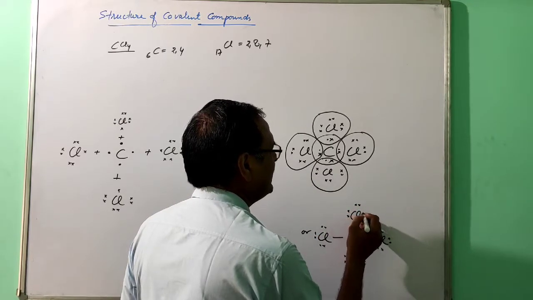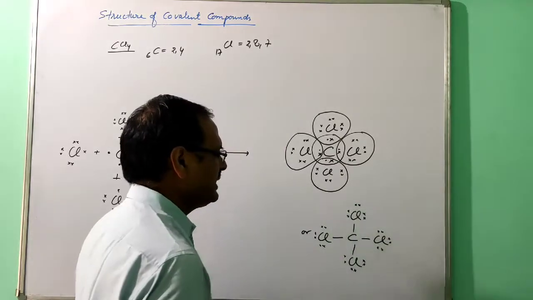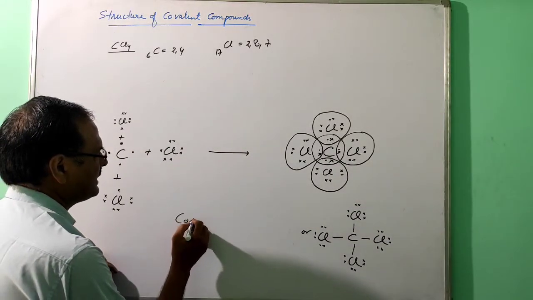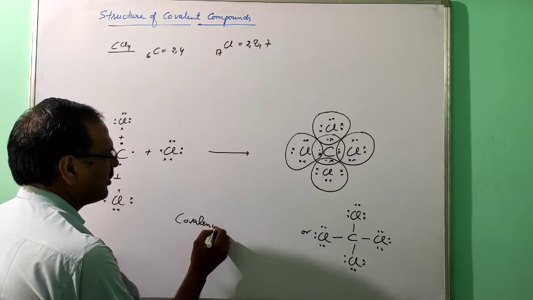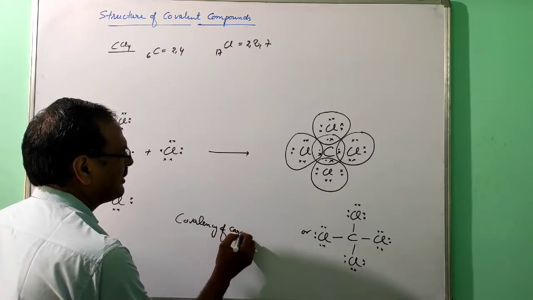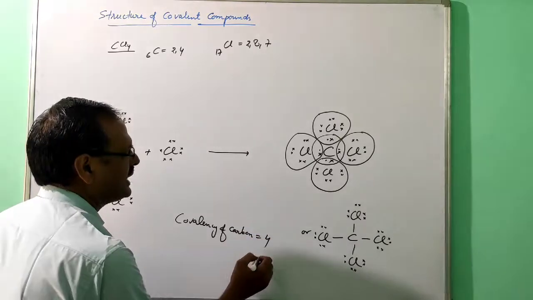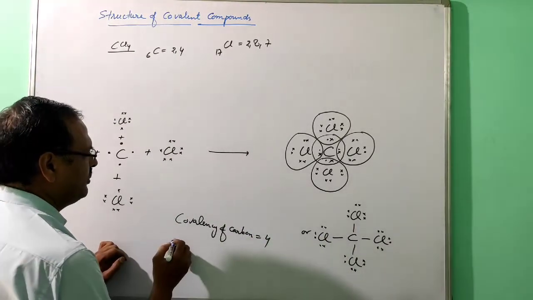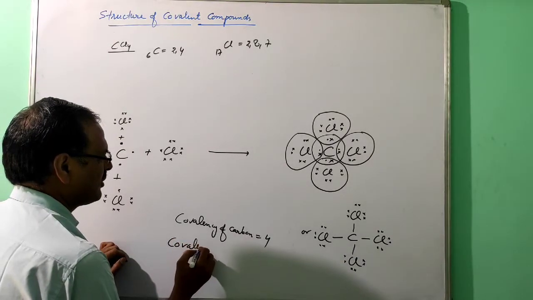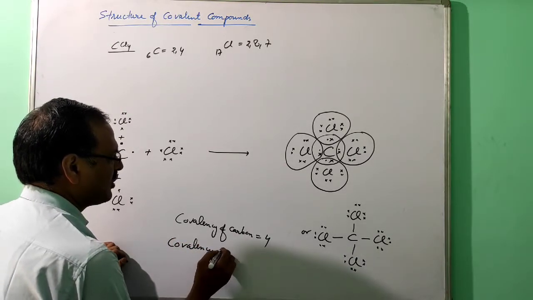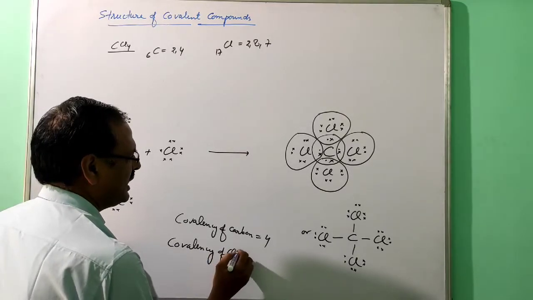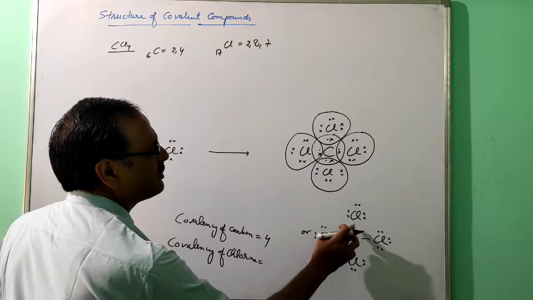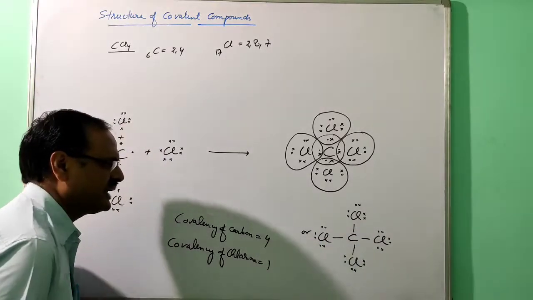So in the central atom, the covalency of carbon is 4. In this structure, the covalency of carbon is 4: 1, 2, 3, 4. Then the covalency of chlorine, just to count only one, is 1.